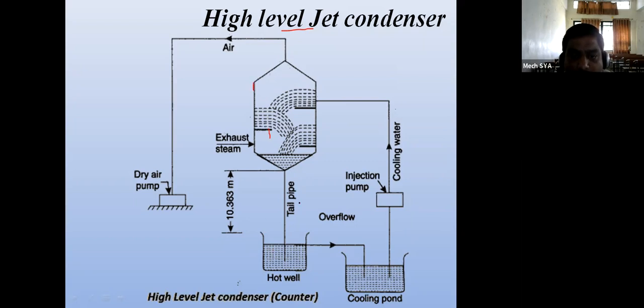This pipe has a height of 10.363 meters. If you consider 1 atmospheric pressure in terms of the mercury column, it will be 76 cm. 1 atmospheric pressure is equal to 0.76 meter of Hg.